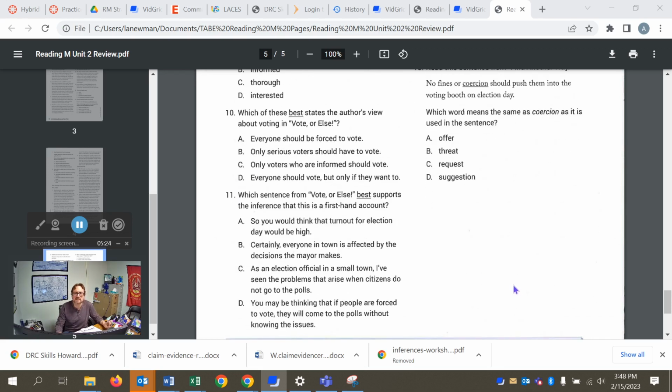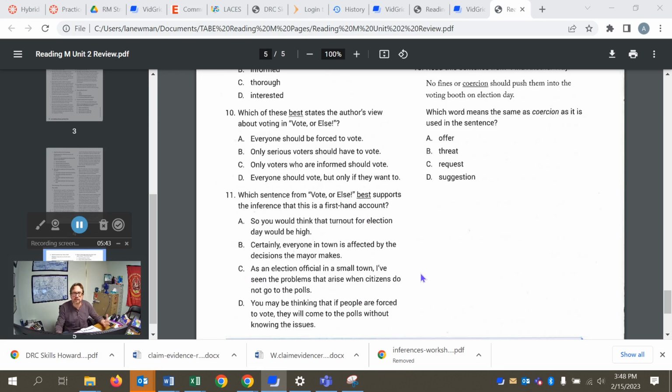Okay, 11, which sentence from Vote or Else best supports the inference? Remember, inference is a conclusion drawn from these details, that this is a first-hand account. And it's C, as an election official in a small town, I've seen the problems that arise. So yeah, first-hand account.